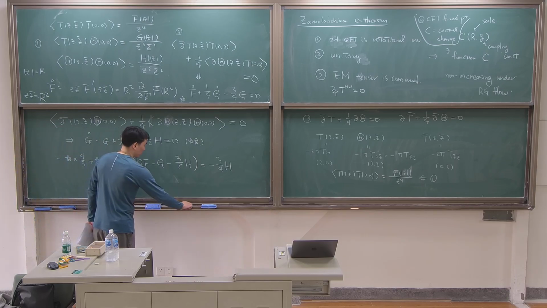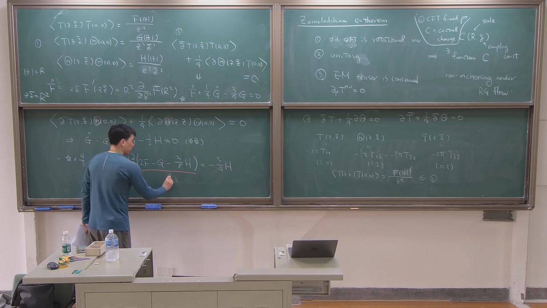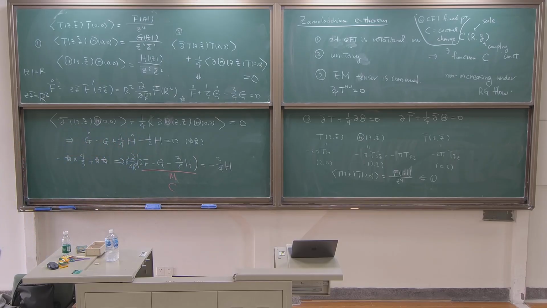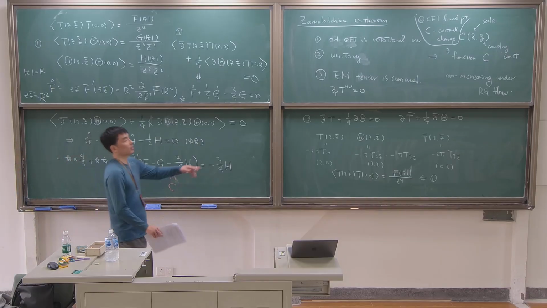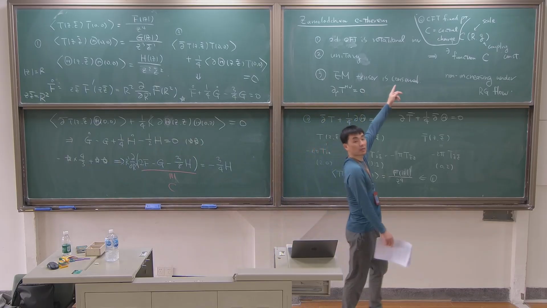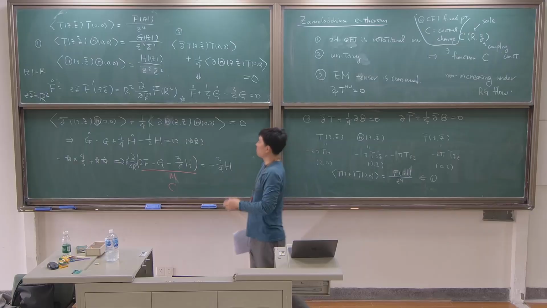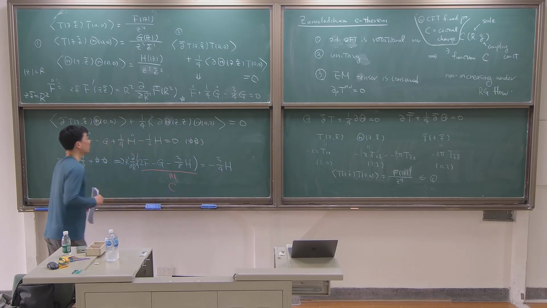And we call this one, we define this to be C. Exactly the C we want to have. This one. We want to have.